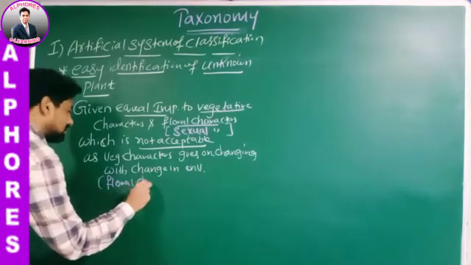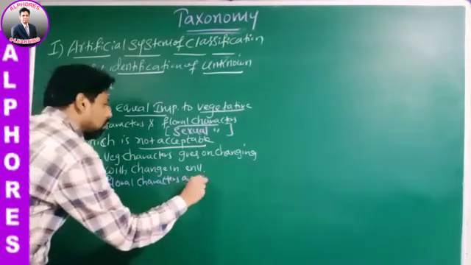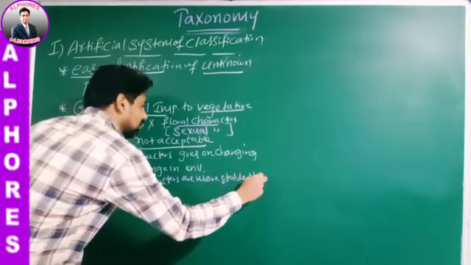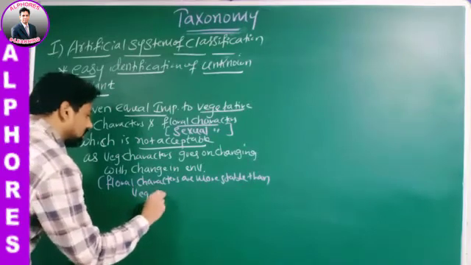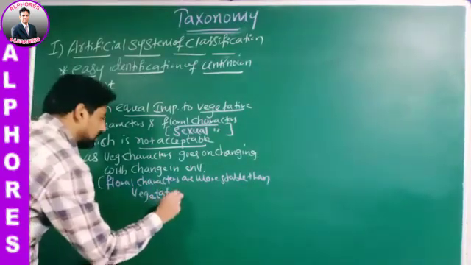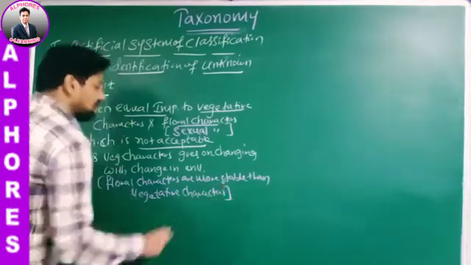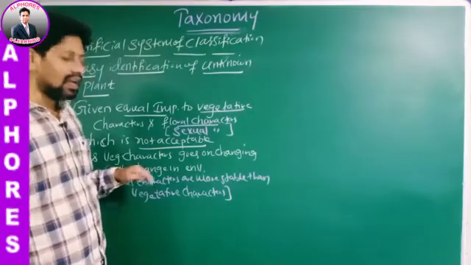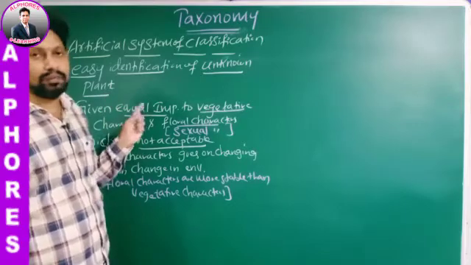Floral characters are more stable than vegetative characters. Remember this statement. So, importance should be given to floral characters. But they gave equal importance to vegetative and floral characters, which cannot be accepted.